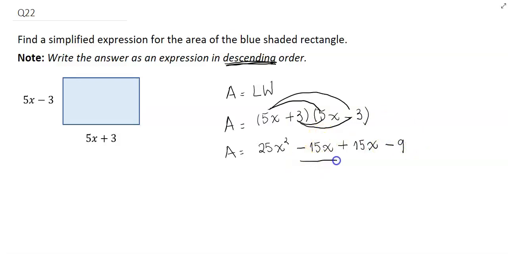The only ones that are like terms are those two, and they are opposite from each other. One carries the negative and the other carries the positive, so they cancel each other and make a 0. So then I am left with the first term, that's degree 2, and the last term, that's degree 0. So this is the area of this blue shaded rectangle.